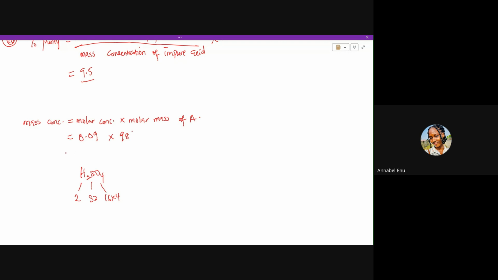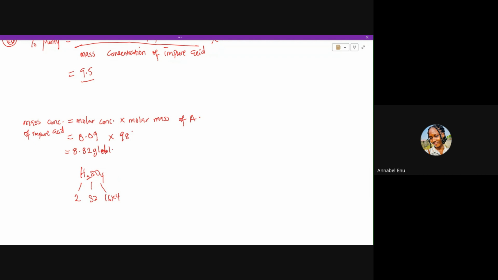Therefore, our mass concentration of impure acid is now going to be 0.09 times 98. You can see this is 8.82. 8.82 was the unit, gram per mole.